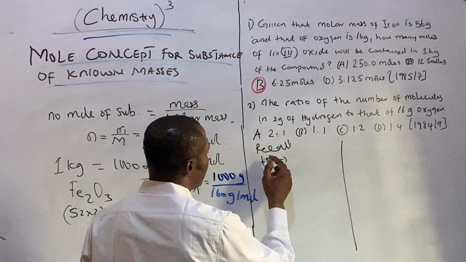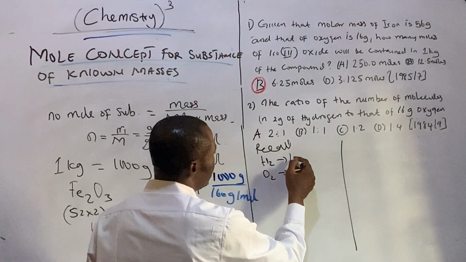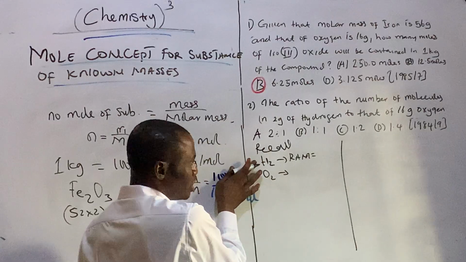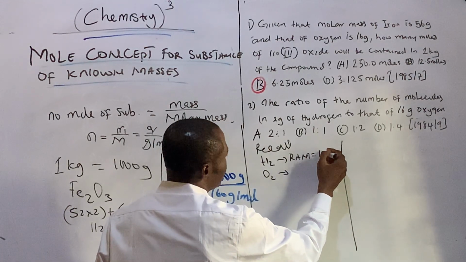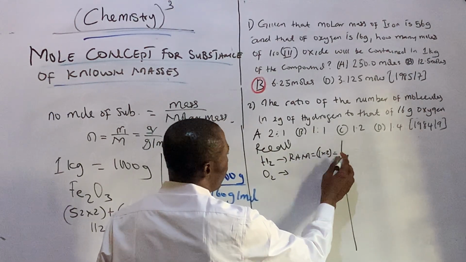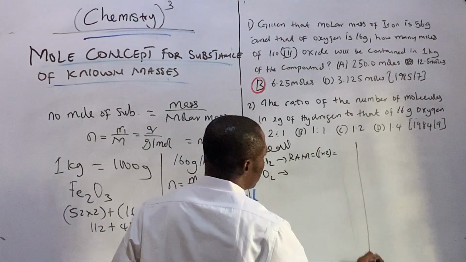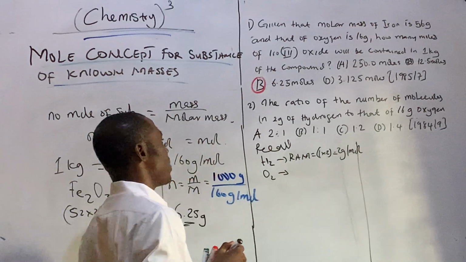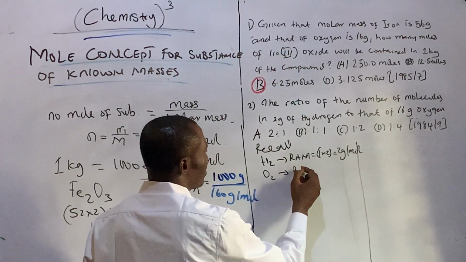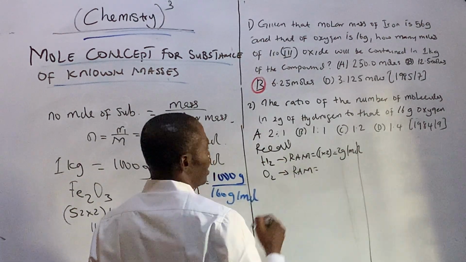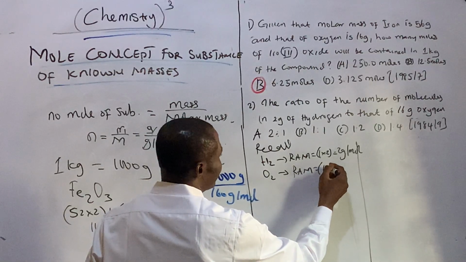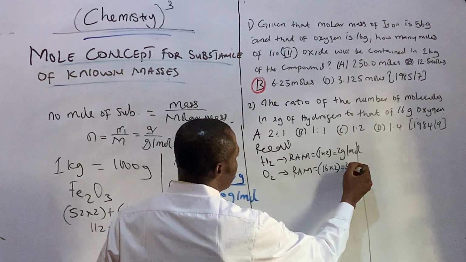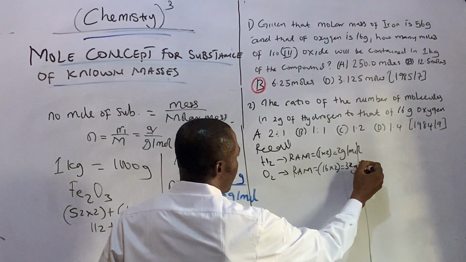Therefore, the molar mass of hydrogen is 1 times 2, which is equal to 2 grams per mole. And the relative atomic mass of oxygen is 16 times 2, which will give me 32 grams per mole.